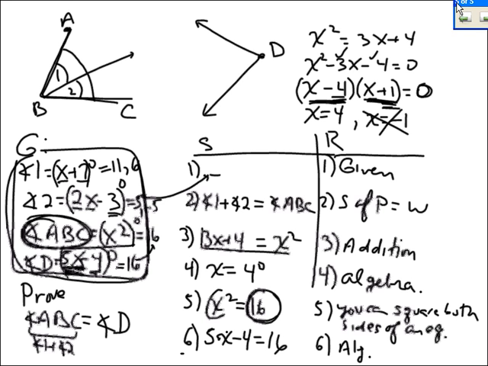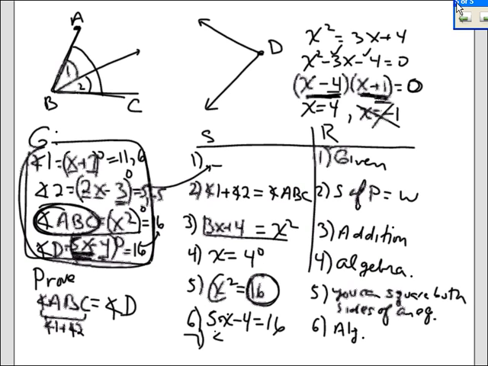So, statement 7, if we can read this, let's see. Statement 7 says that angle ABC is congruent to angle D. If two quantities are equal to a third quantity, they're equal to one another.